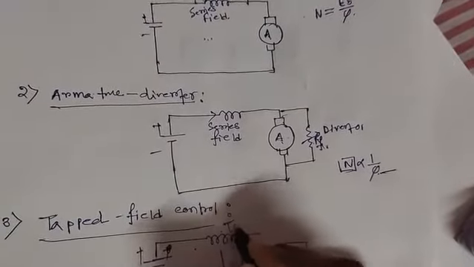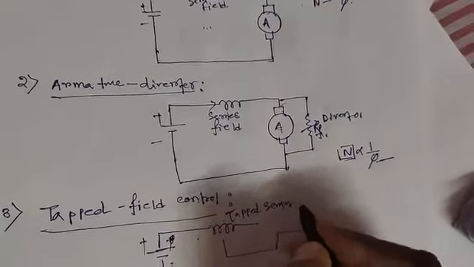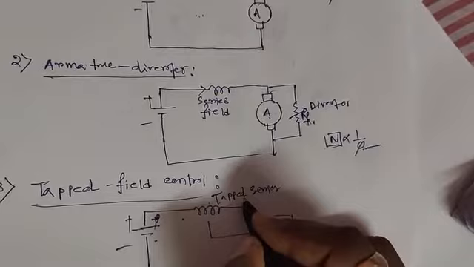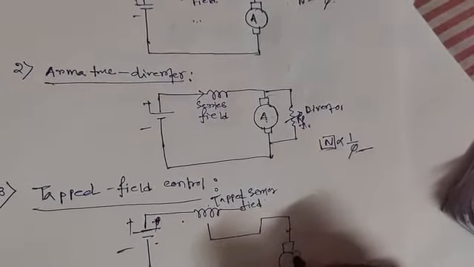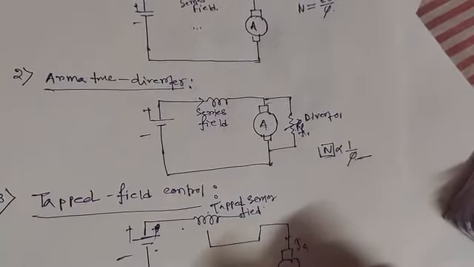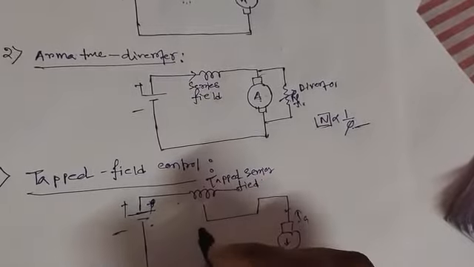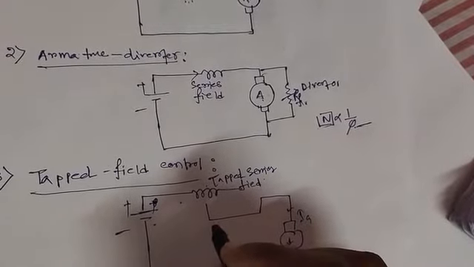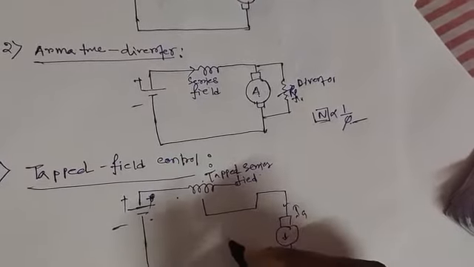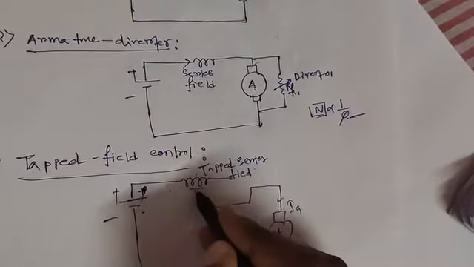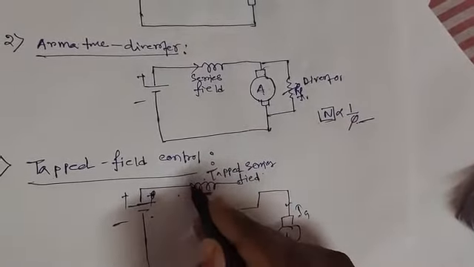This is called a tapped series field. Here a tapped field is connected in series with the armature current. This circuit diagram is called the tapped circuit diagram. As in this figure, this coil is tapped and divided into a number of turns.